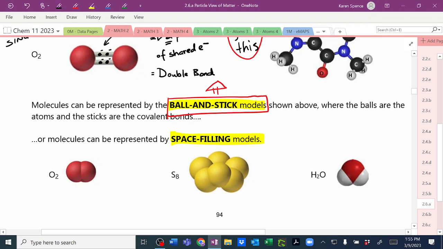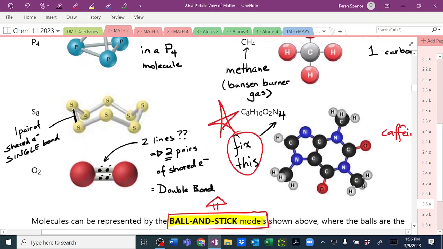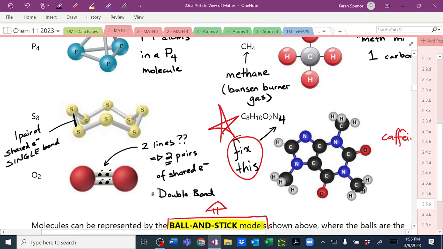It's just sort of one blob overlapping another blob. These are more accurate, but it's also harder to do things like count the number of atoms, especially if you're dealing with something really complicated like caffeine. I should grab a space filling model of caffeine, and it becomes really hard to see what's where.